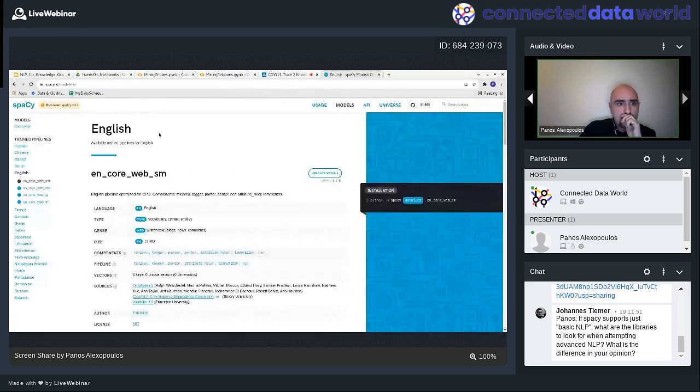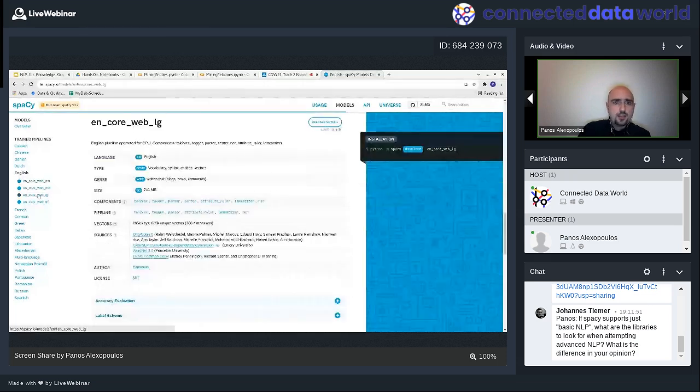where you can see, for every language that Spacy supports, the available models. Each model has a different size, so some models are much larger than others, and other features. For example, this en_core_web_sm is just 13 megabytes. It is able to do entity recognition and part of speech tagging, so it has some very basic functions. But for instance, it doesn't contain word vectors, so it doesn't have this advanced functionality.